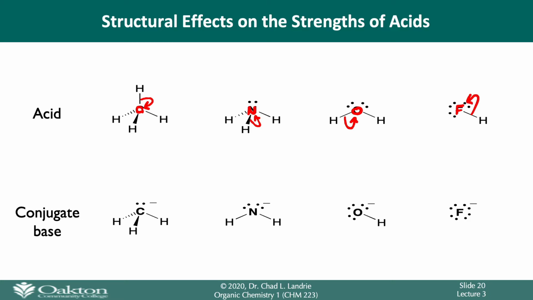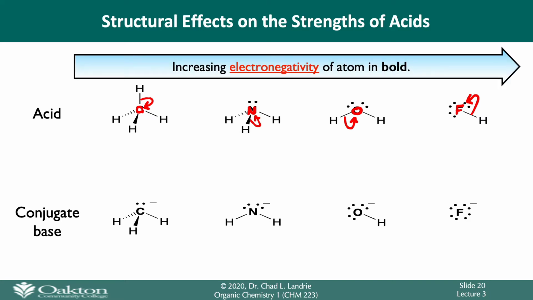First, let's think about the electronegativity of carbon, nitrogen, oxygen, and fluorine relative to each other. We know that electronegativity increases left to right in the periodic table, and these atoms are all in the same row. So electronegativity is increasing left to right, the way I've written these examples.